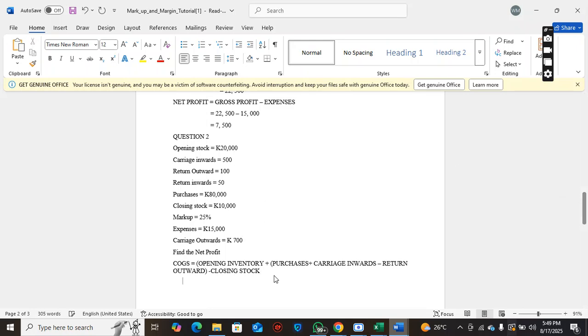Okay, so let's tabulate. Opening inventory is what? 20,000 plus our purchases of 80,000 plus carriage inwards 500 kwacha minus return outwards.